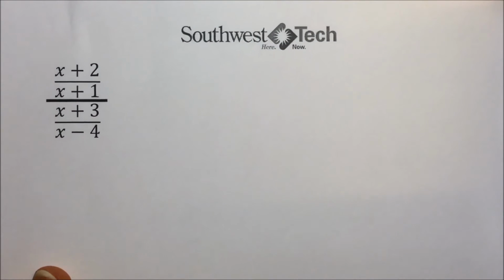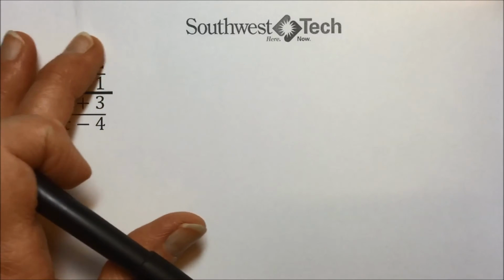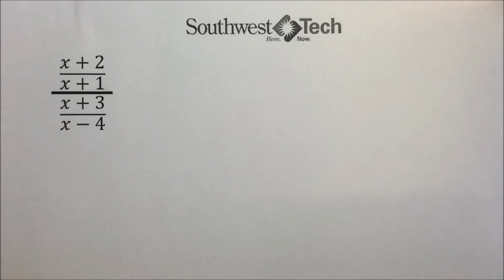Another method of simplifying a complex fraction is to rewrite the expression as a quotient of two rational expressions. When you have the numerator and the denominator as single rational expressions, and we do, we have a rational expression, or call it a fraction over a fraction, we can divide the numerator by the denominator.